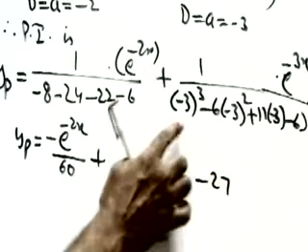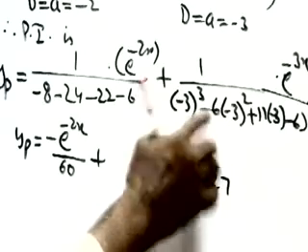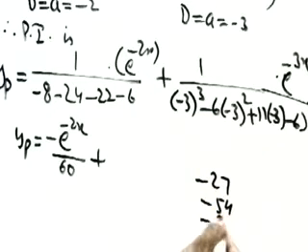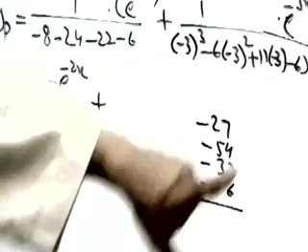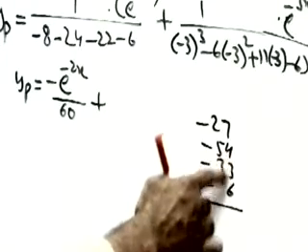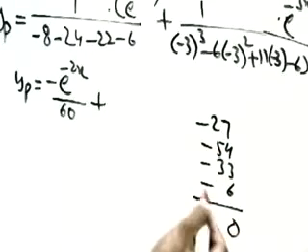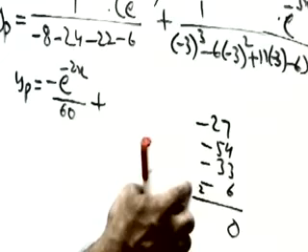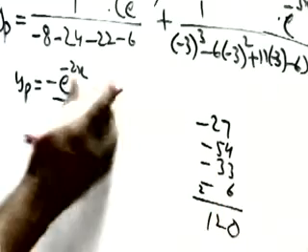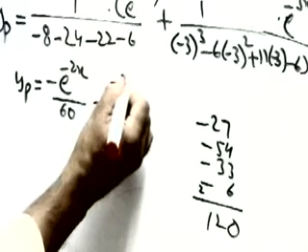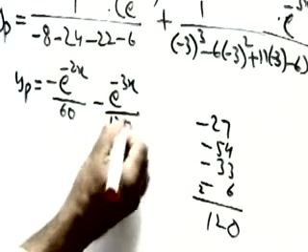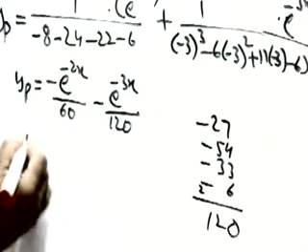Again here, this is minus 3 cube minus 27, 3 square 9, 9 6s are 54, minus 54, minus 33, minus 6. Adding up gives 120. So it is also minus, so let me write minus e power minus 3x divided by 120.